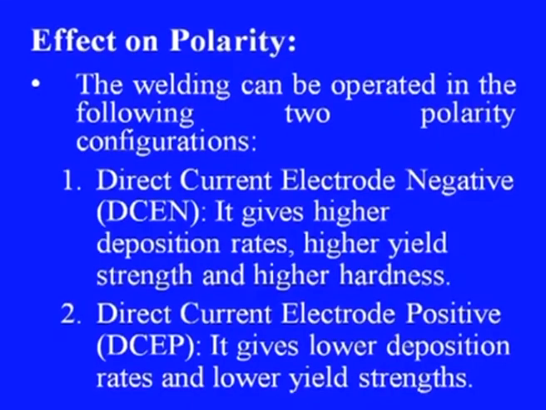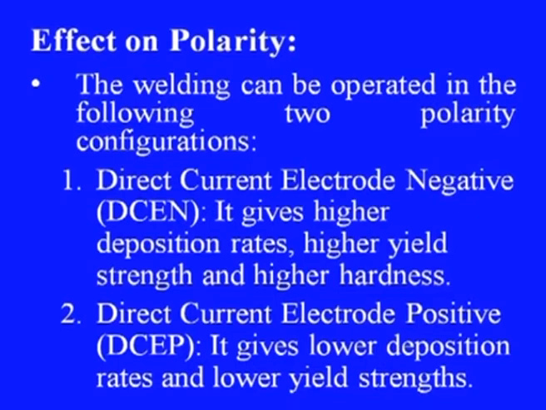Now, let us see some effect on the polarity. The welding can be operated in the following two polarity configurations. As we have already indicated, one is direct current electrode negative mode, in which the electrode is connected to the negative terminal of the power source.